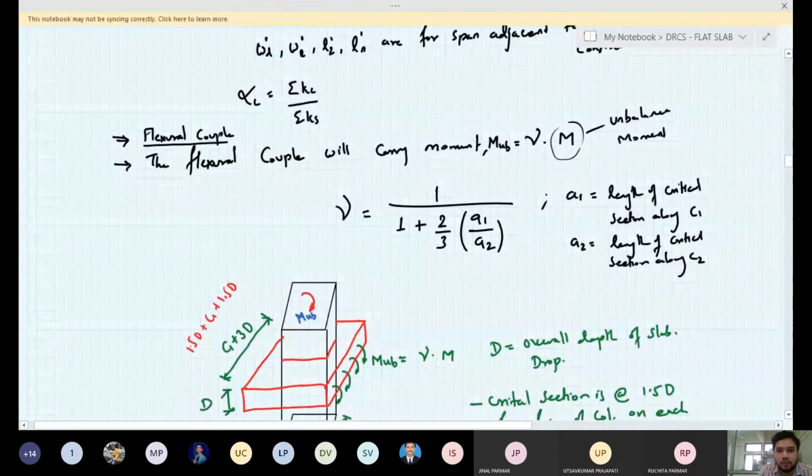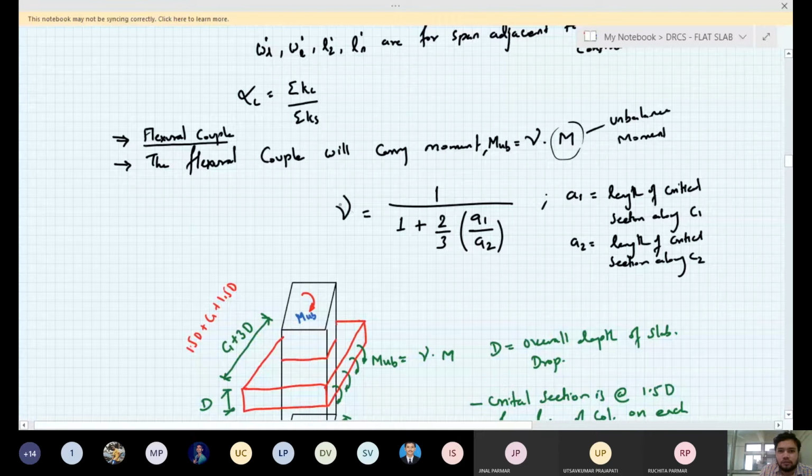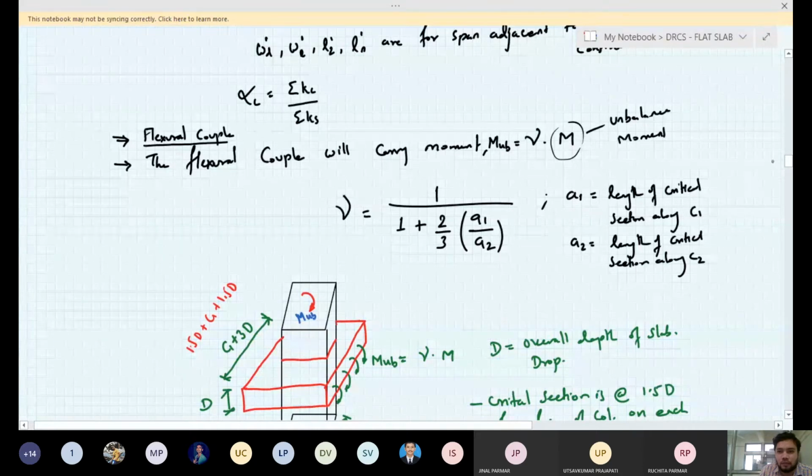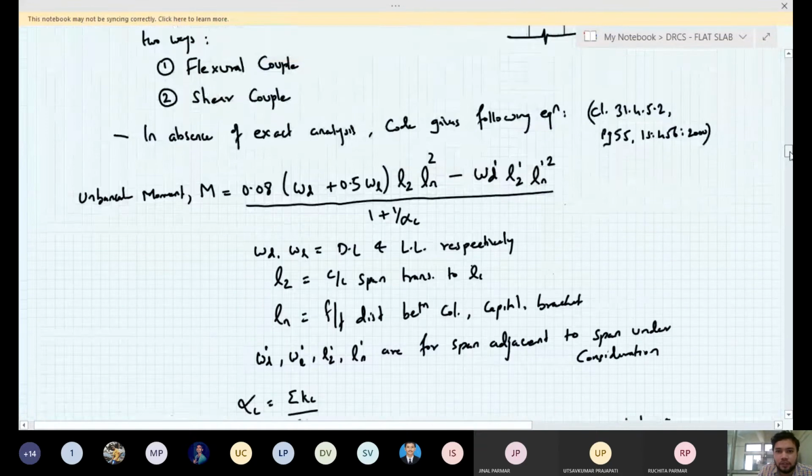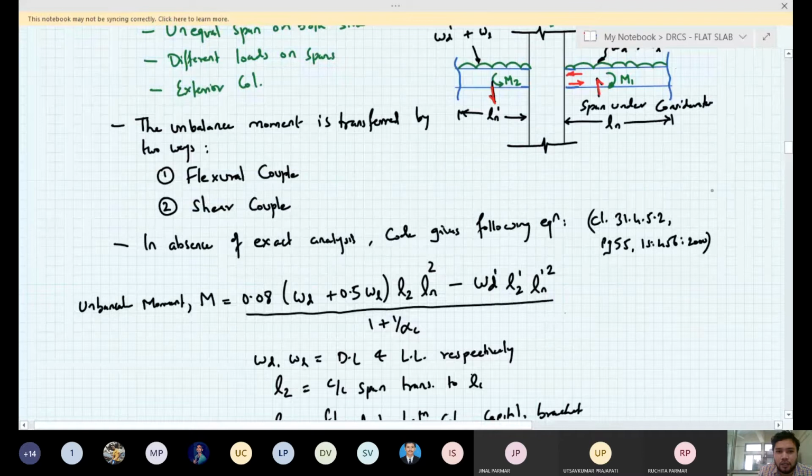Okay, so this factor gamma is given in the same clause.